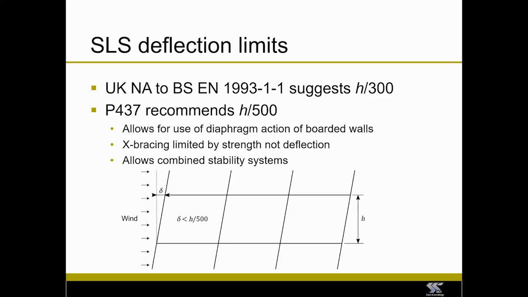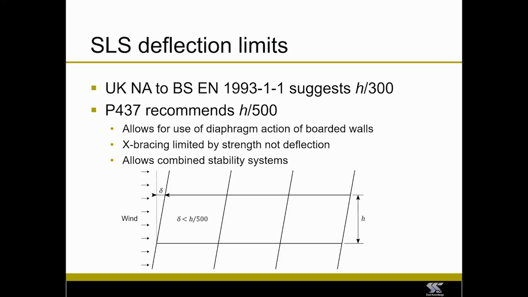So in actual fact, we've got a different value in P437, and this is consistent with older SCI guidance, and it's actually H/500 as the recommended deflection limit. There are a few reasons why we recommend this.